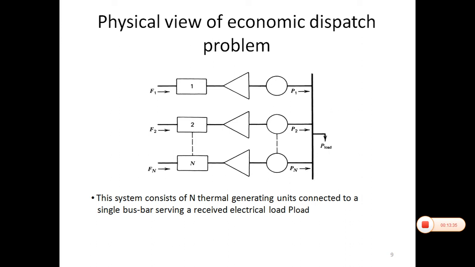F2 is the cost function for unit 2 and its respective output is P2. This is a generalized representation. So if we have n units, it will be Fn and its respective output will be Pn, and all these collectively are supplying power to your load. So P load is actually your demand power.